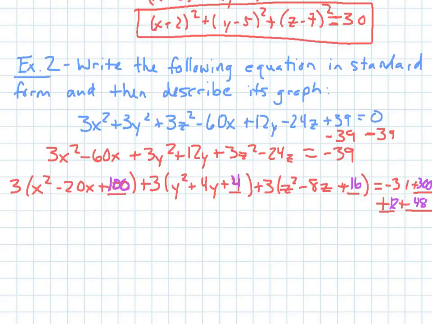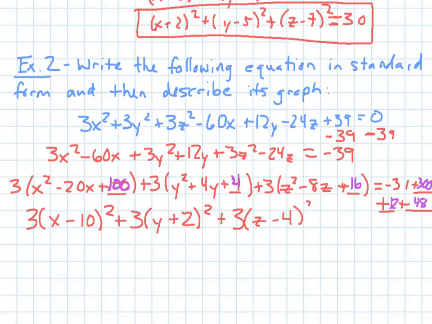Now you can condense all of your trinomials into binomials squared. You get 3 times (x minus 10) squared, plus 3 times (y plus 2) squared, plus 3 times (z minus 4) squared. Negative 39 plus 300 plus 12 plus 48 gets us 321.